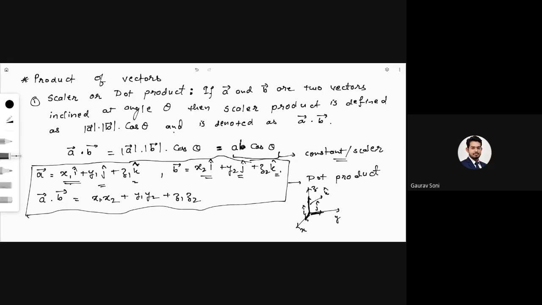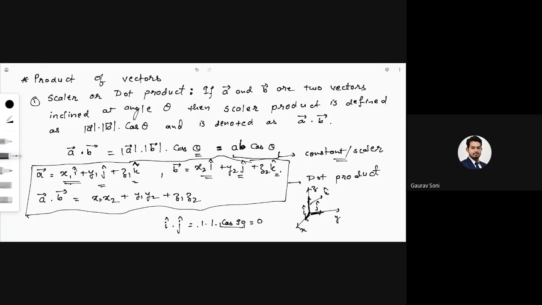So if I go by the previous definition, if I do i cap dot j cap, as I said, it is a unit vector, so modulus 1 will come, into cos of the angle between them. The angle between them is 90, so cos 90 is 0.